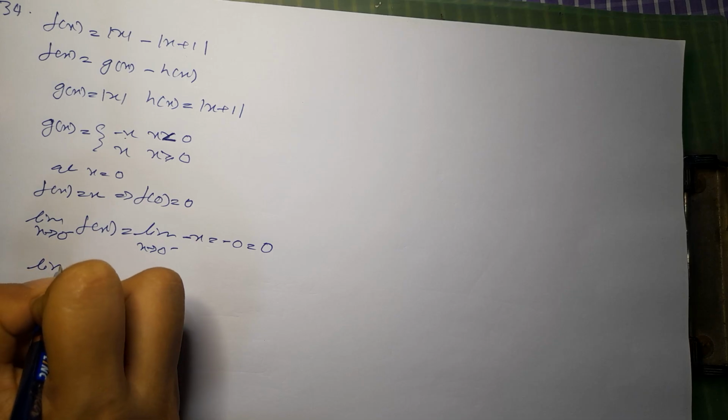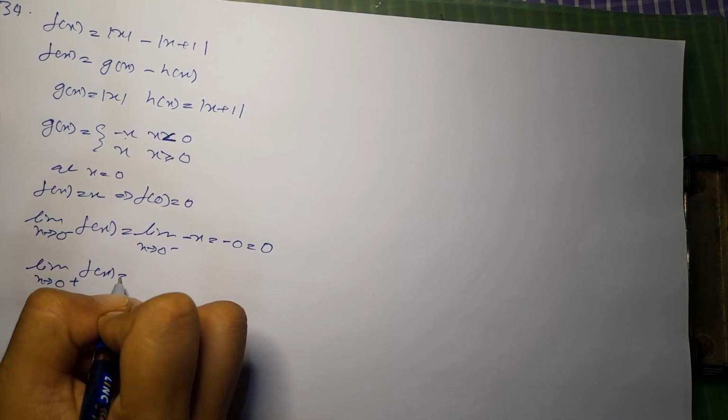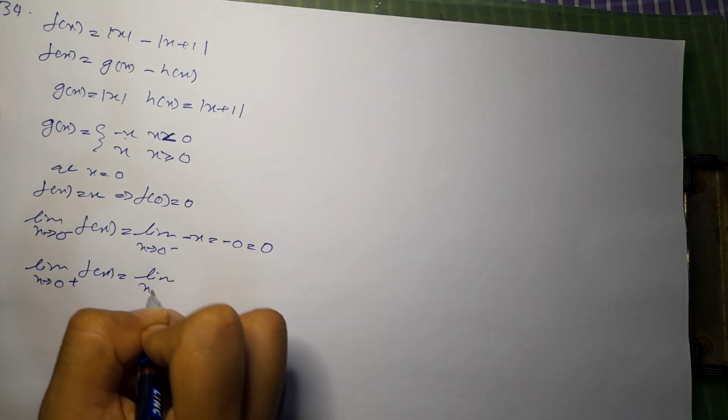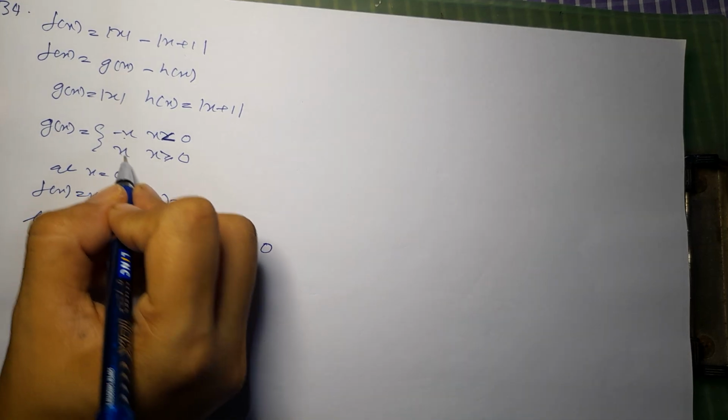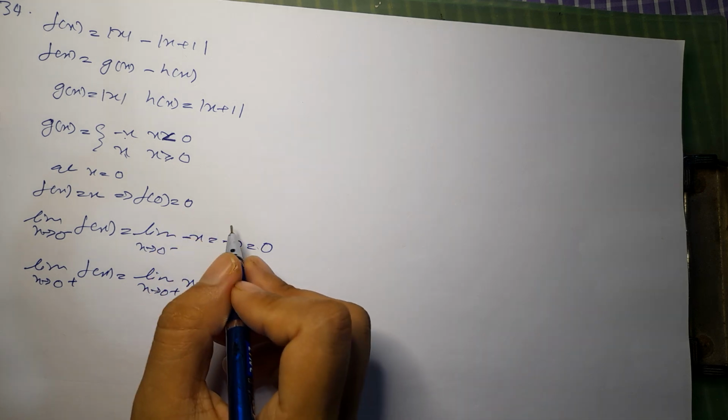Right hand limit, x tends to 0 plus, the function is x, so it will be 0. These three are equal, so it is continuous.